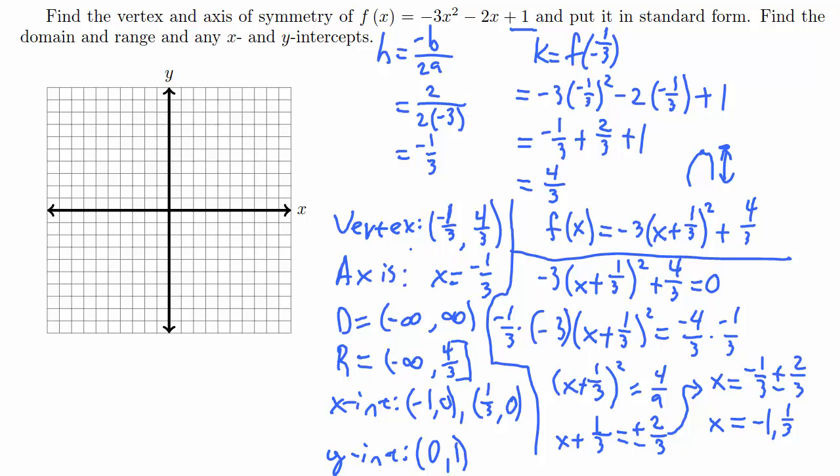But here's the thing. I want to go ahead and graph this to where the x and y axes are in thirds. So this would be 1/3, 2/3, 1, 1 1/3, 2 1/3, 2, and so on and so forth.